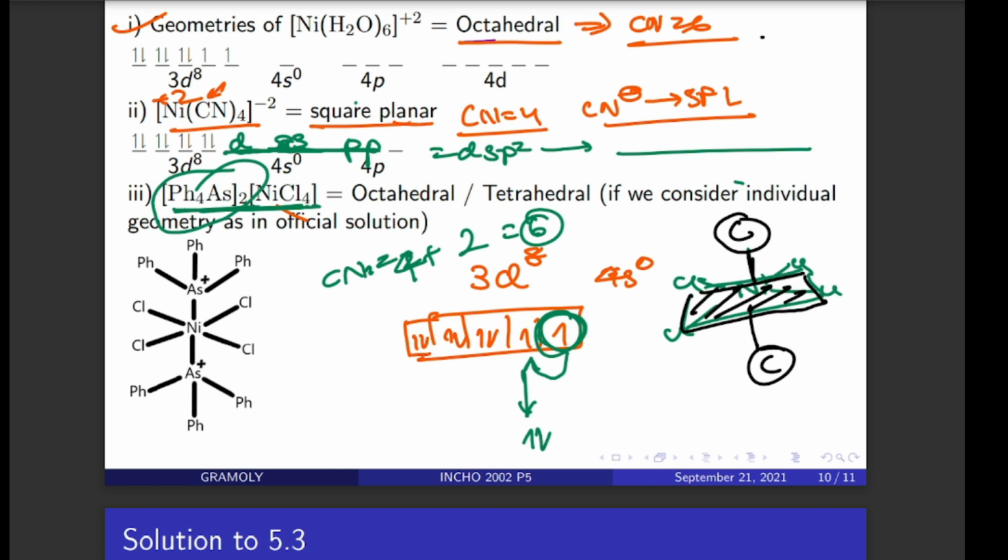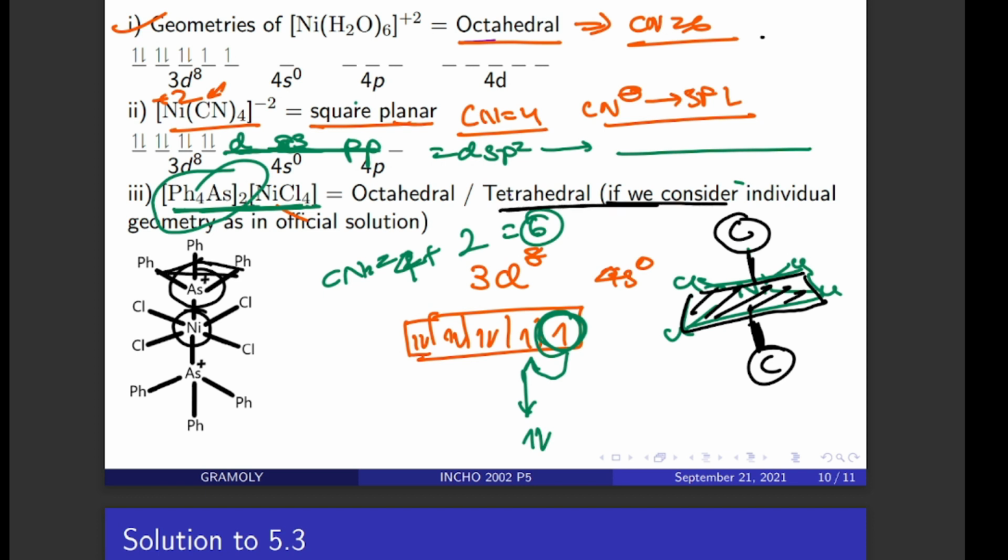So with respect to nickel, this is octahedral. Since it had been asked that we have to comment majorly on the geometry, just see the difference that we are speaking about the geometry with respect to nickel, which is octahedral. We have to use the words "with respect to" because with respect to the arsenic atom it is tetrahedral, and the official answer given was tetrahedral.